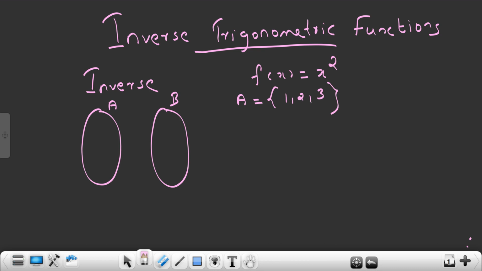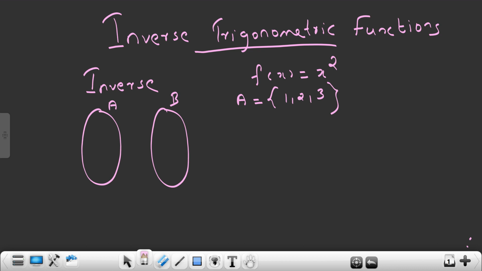We substitute the values of set A in the function. These values of A are called the domain, as we are going to substitute these values in the function and find the range.